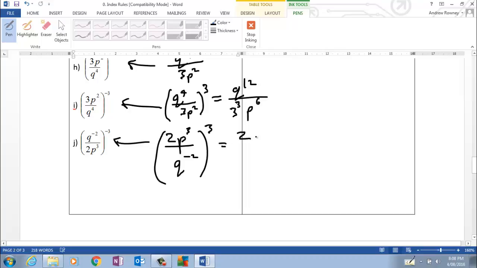So that's going to give 2p9 over q minus 6. Now that minus 6, we could then take that up the top, so it's 2p9, because getting rid of the minus takes it up, so that'll be q6.